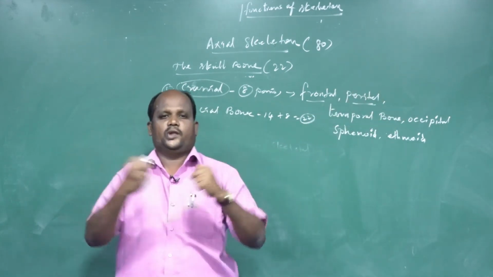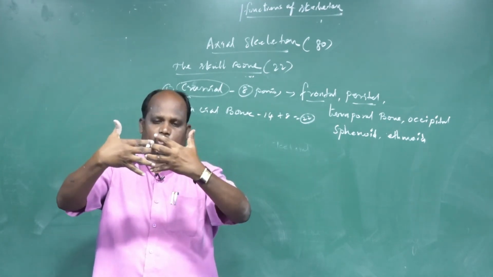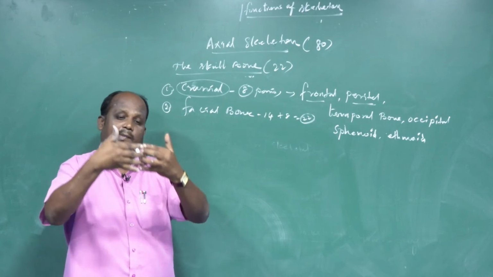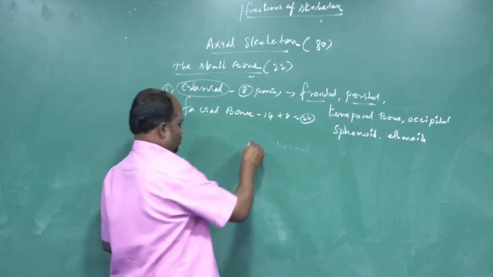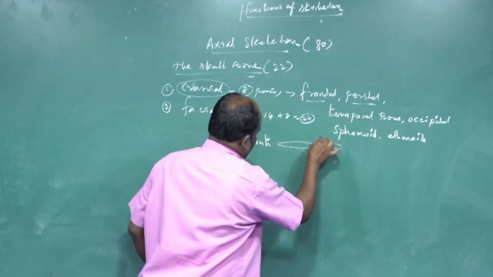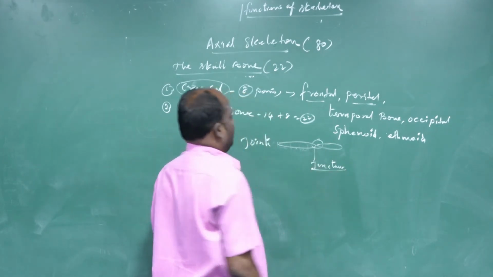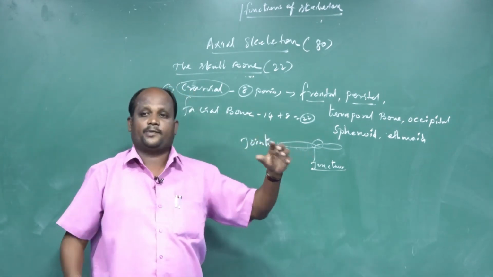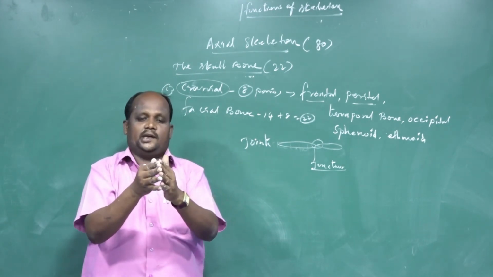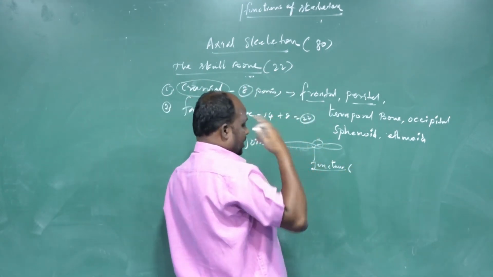All the bones are individually designed, but one bone connects with another bone. I told you that where two bones end and meet, that structure is a joint, also called articulation. But in the skull, when one bone joins another bone, the junction is not simply called a junction.